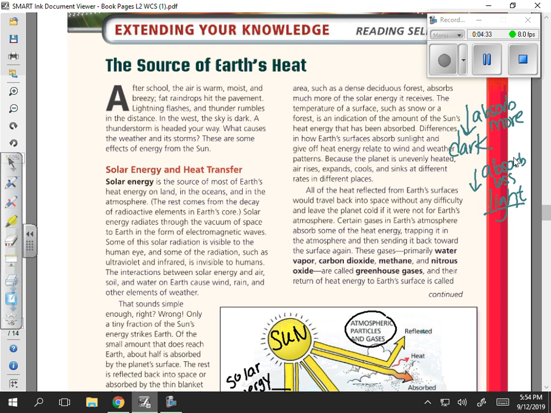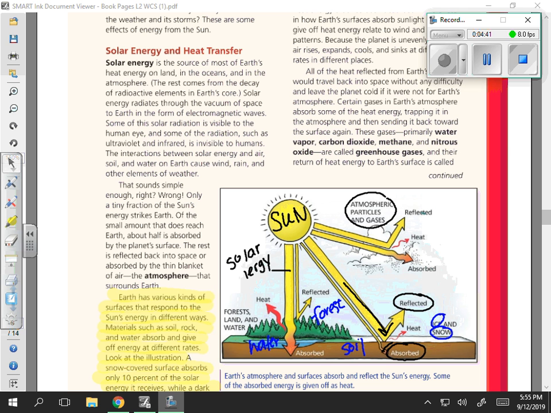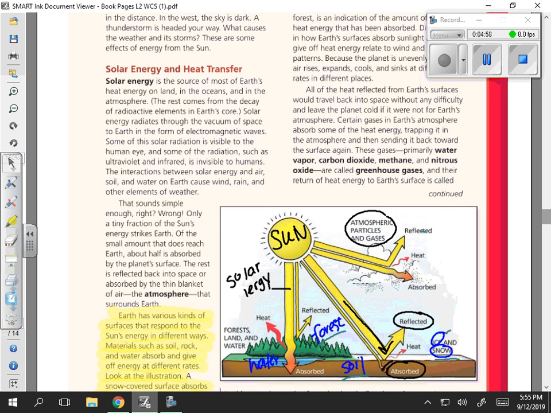The light surfaces tend to reflect more light, and the dark surfaces tend to absorb more of that energy. And when I talk about dark colored surfaces, I'm talking about the soils and the forests. And when I'm talking about light colored surfaces, I'm talking about the snow and the ice.